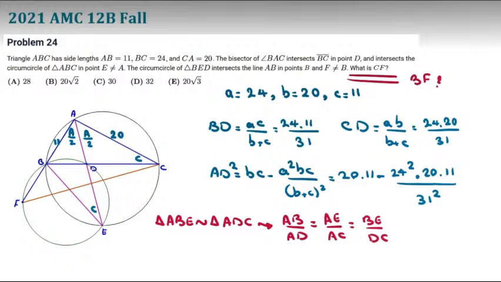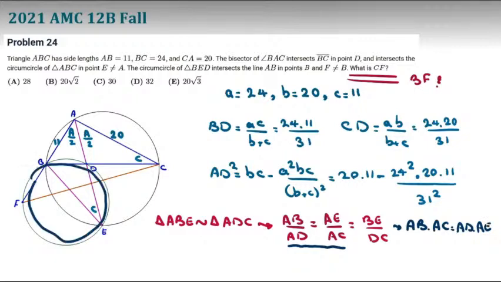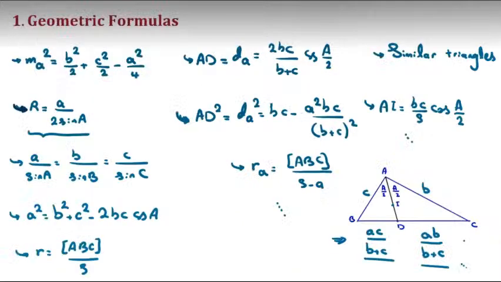Okay. Now if we use these two parts, we can conclude AB times AC equal to AD times AE. So here, because it is a circle, one important rule, we have 4 rules for cyclic quadrilateral. One of them is this. There are also 3 rules. Let me write, for example, this one.